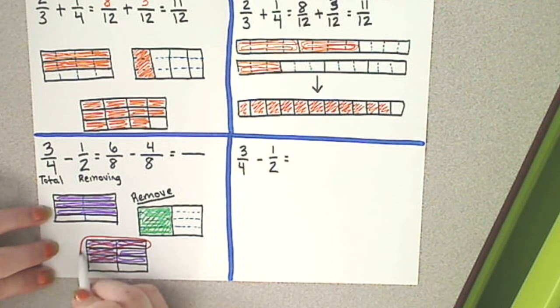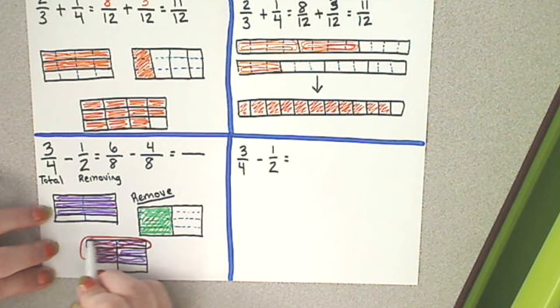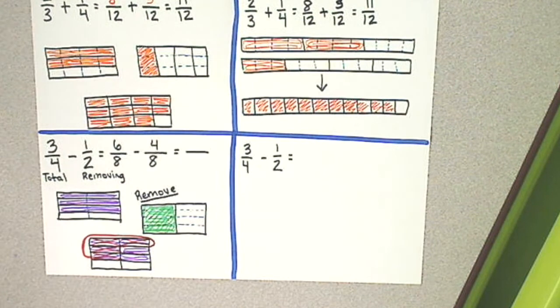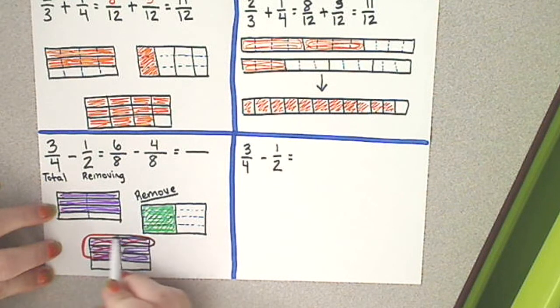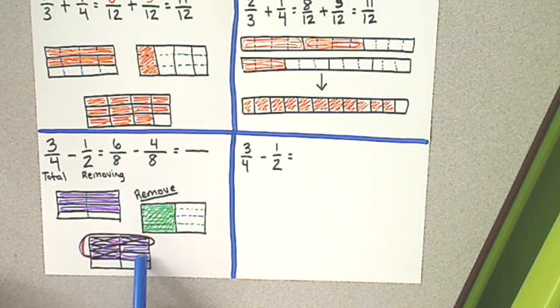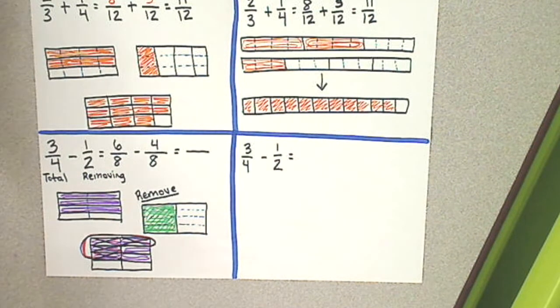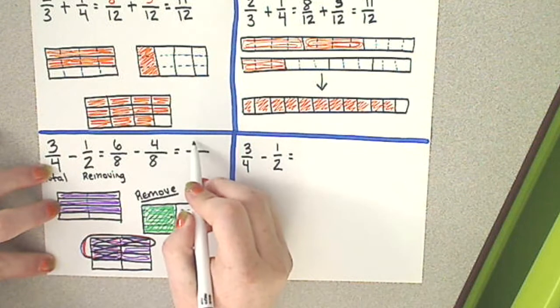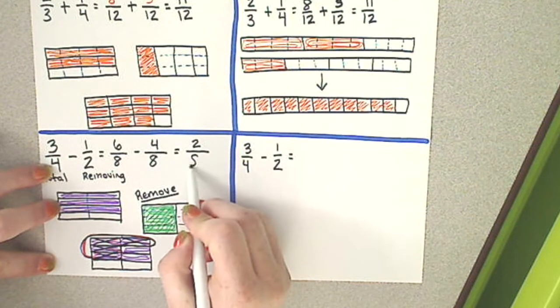So I am taking these away. Let me grab a different color here. I was hoping that would show up a little bit better. Okay, there we go. That's a little bit better. So I'm taking those 4 away, and that leaves me with 2 pieces out of the 8 left. 6 minus 4 is 2. We still have 8 pieces.